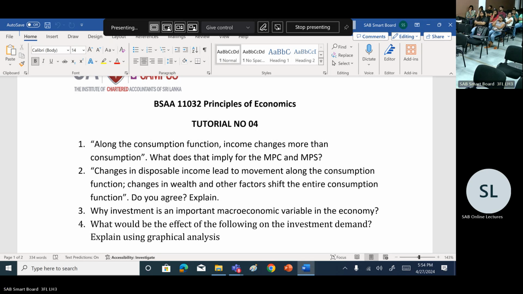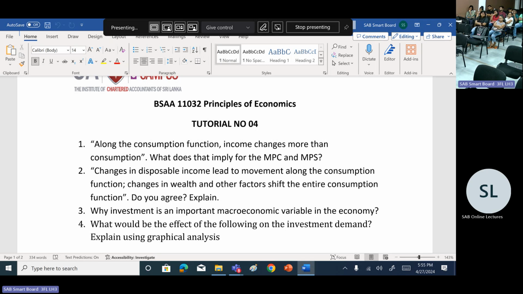If there is a flatter consumption function, consumption will not highly respond to change in income. If we have a steeper one, there is high sensitivity. When it becomes steeper, MPC increases.